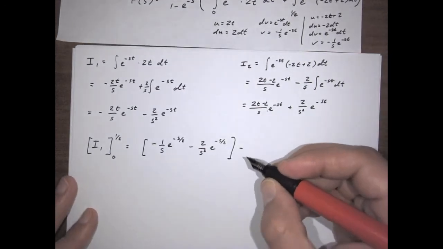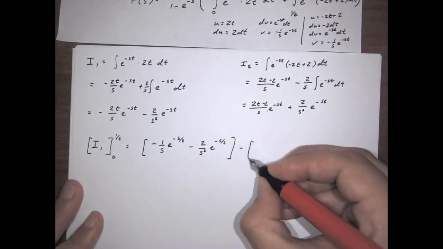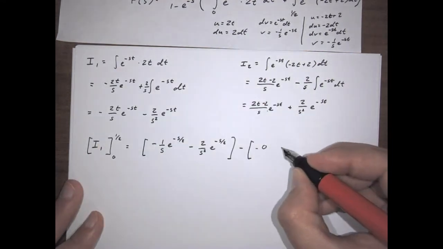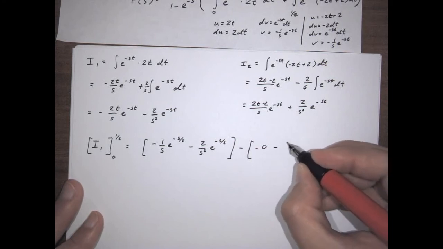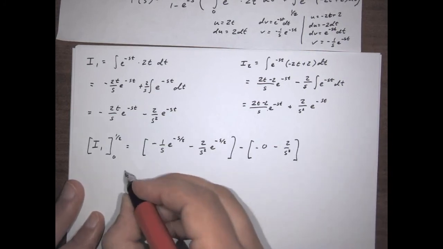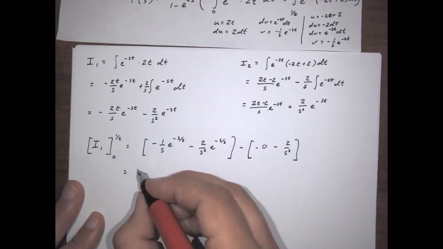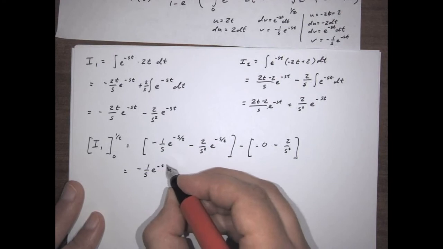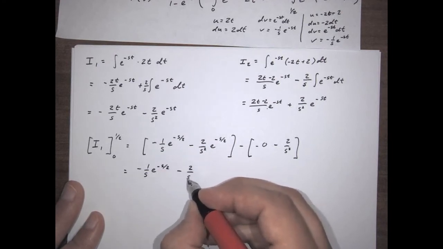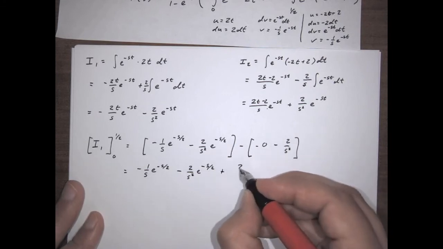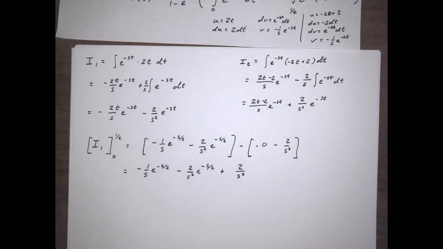Then I can plug in t equals 0, and that's going to be minus 0. That'll all just be 0. And then minus 2 over s squared and times e to the 0. So that's going to be now negative 1 over s e to the minus s over 2 minus 2 over s squared e to the minus s over 2 plus 2 over s squared. So there's that.